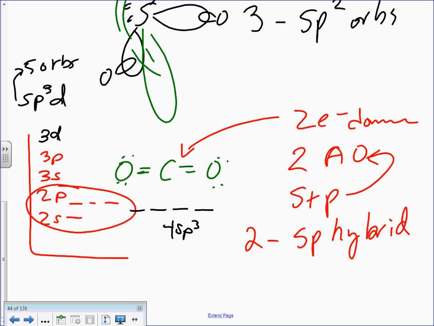The numbers are the same: five. You can see the five orbitals, like 1 plus 3 plus 1 is 5. There are five orbitals together: S, P, P, P, and D. The only thing you have to do is label what type of hybridization it is, and then draw them. I'm going to work on the drawings later.